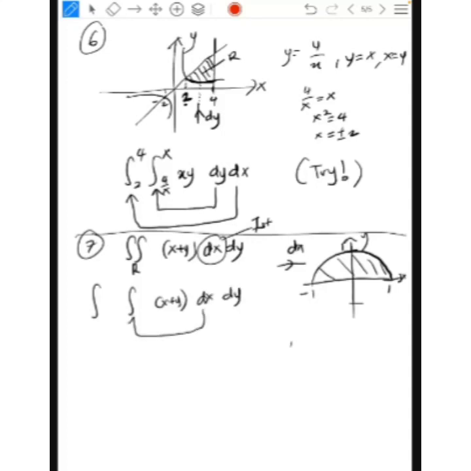So as you walk along x-axis, you'll find this part first, which is x equals to negative square root of 1 minus y squared.